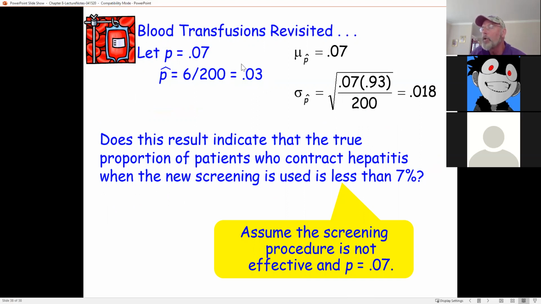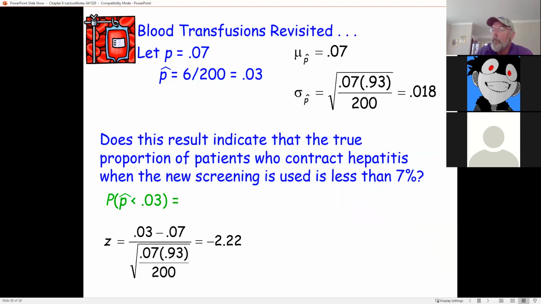So we're comparing this against the population proportion. And the z-score here would be -2.22, very, very far away from the mean on the left side of the distribution.